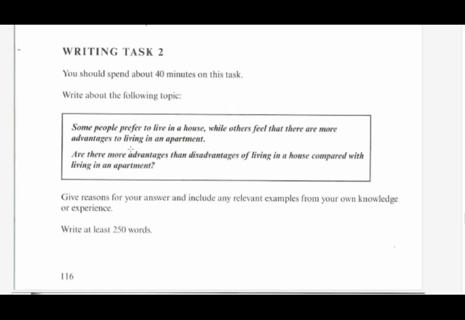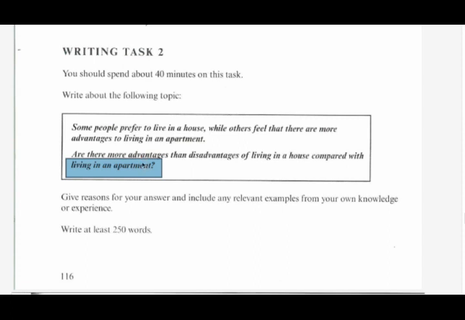But you need to understand two things. One is that they're asking for your opinion. Are there more advantages than disadvantages? So that's one part. Second thing is advantages than disadvantages of living in a house compared with living in an apartment. So what does it mean? It means that you have to talk about advantages and disadvantages both of living in a house as compared with living in an apartment.